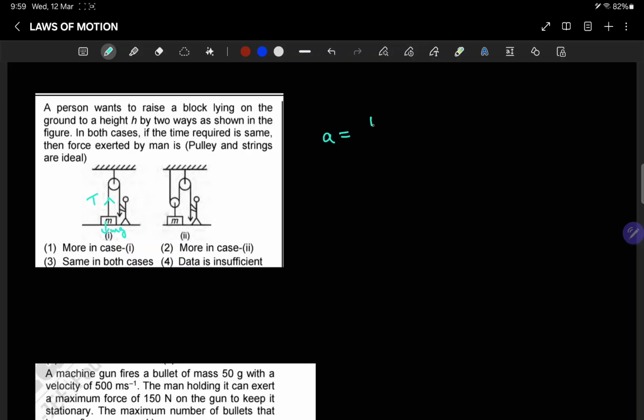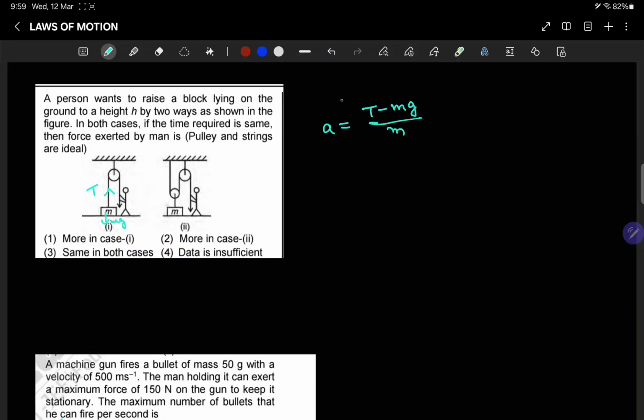Net force T minus mg by the mass of the block m. This is the first case. Second case: what is the acceleration? Listen carefully, force downward. Here there is tension force, and here also tension force. Now on this block, 2T is acting, students.